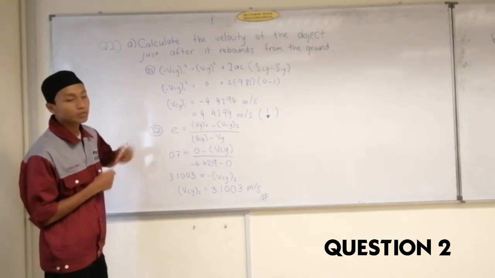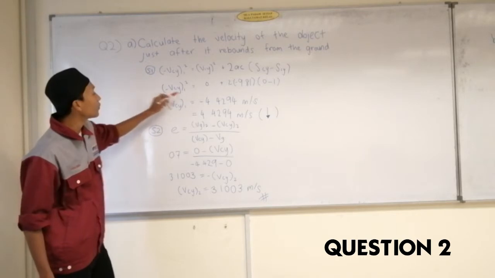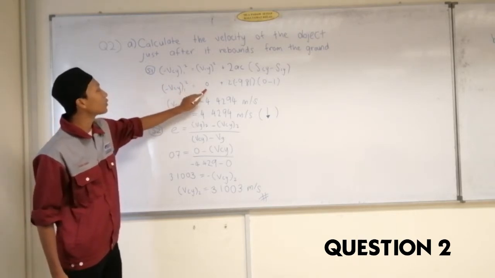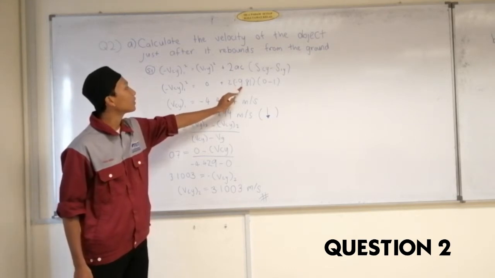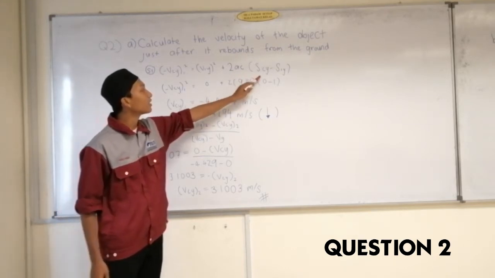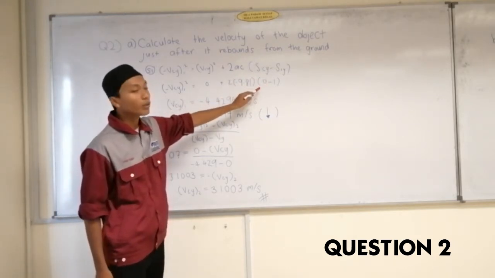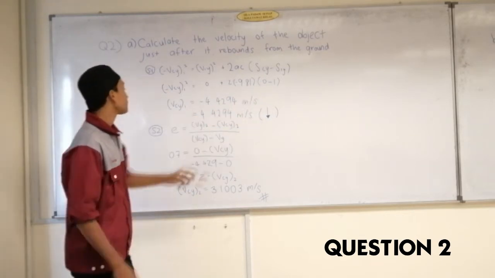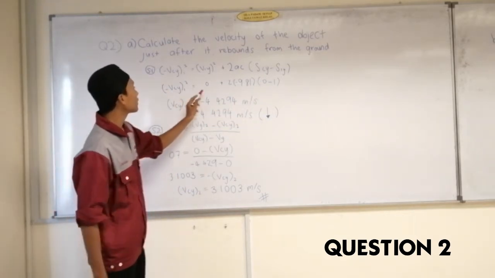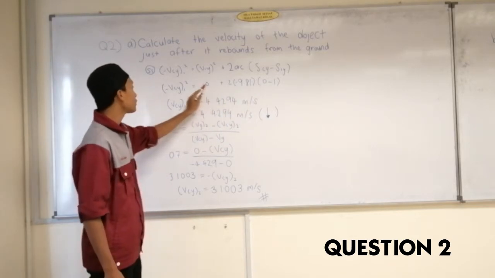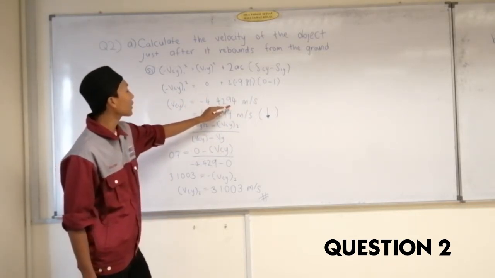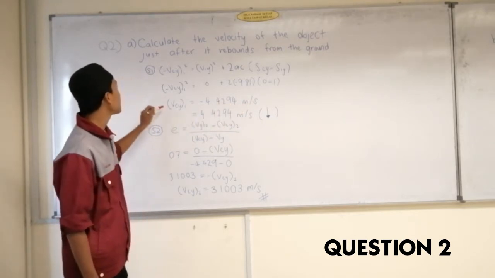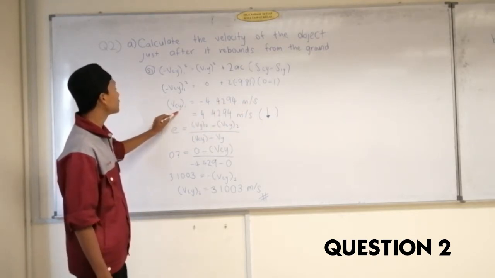We substitute the values with V1Y equal to 0, AC is negative 9.81, and SCY minus S1Y is 0 minus 1. So we calculate this and we get negative 4.4294 meter per second. That is the value of VCY.